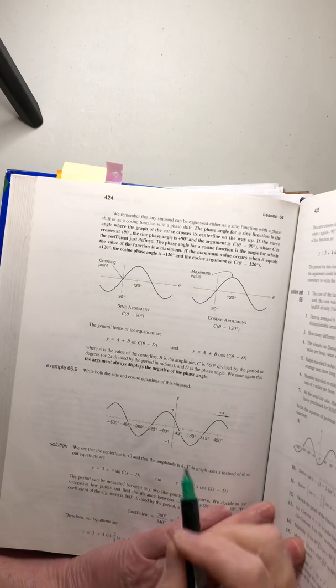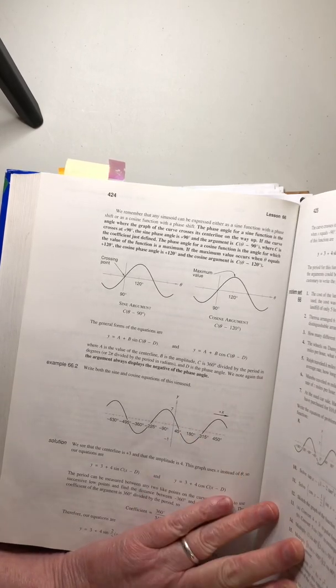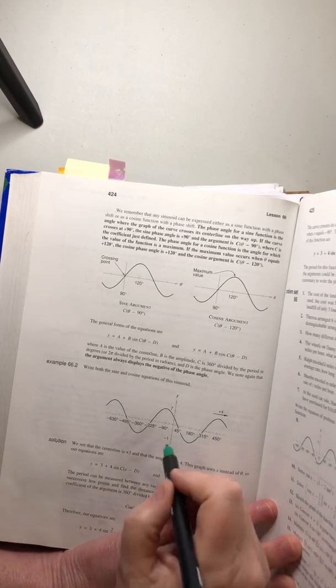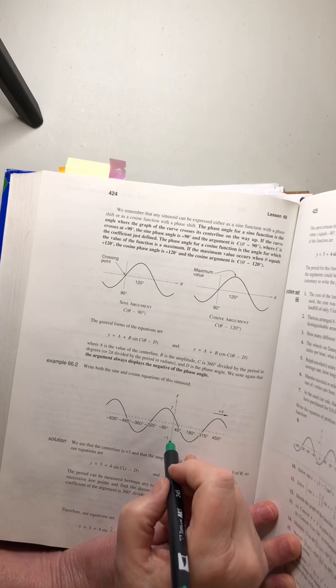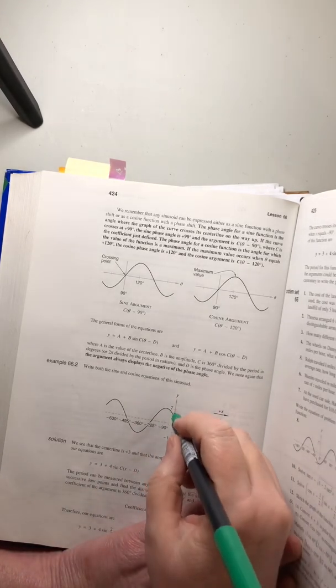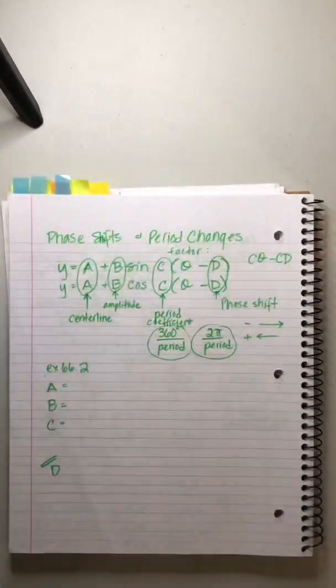All right, let's look at our guy. What is our center line? Well, sometimes you have to look at the amplitude to figure it out. Let's see. This goes up to 7 and down to -1. That is a range of 8 points, right? Because it's 7 back to 0, and then 1 more down is 8 points. So that means our amplitude is 4, right? And the center line must be 3.